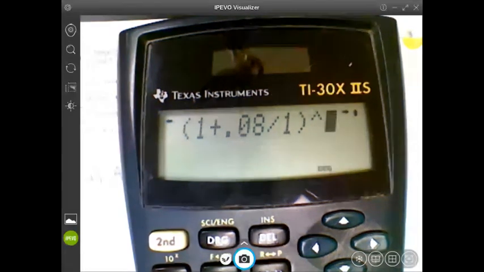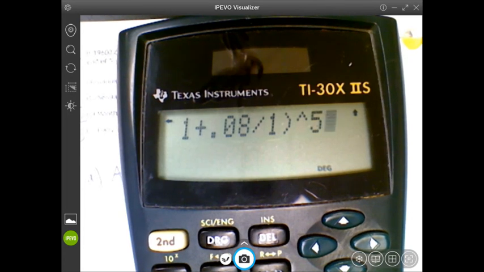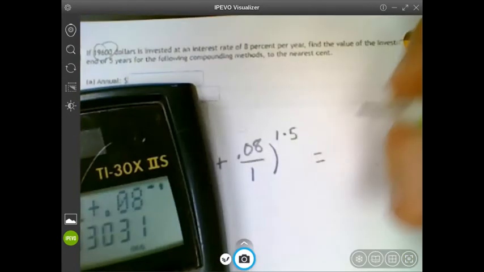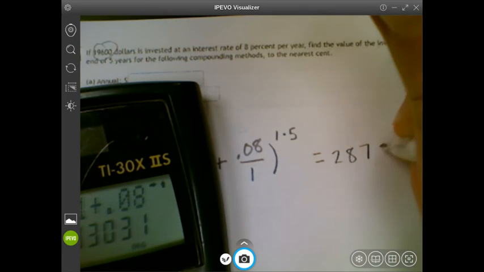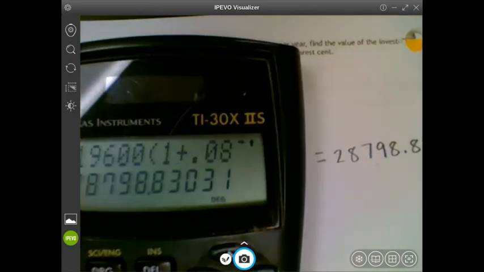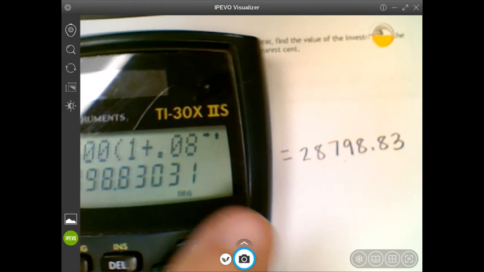If you're going to do 1 times 5, you should put parentheses around it, but it's just 5, and that really helps out. So we have $28,798.83, because it's 83.0, so 83 cents.